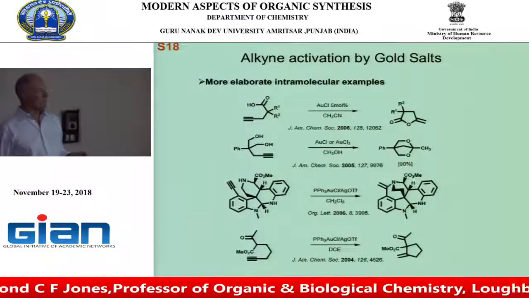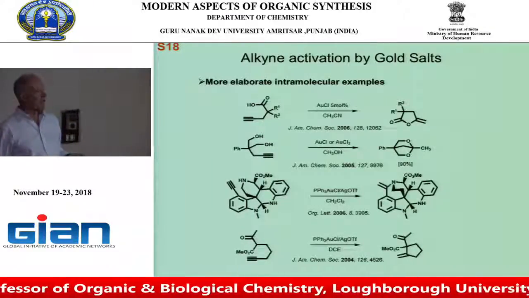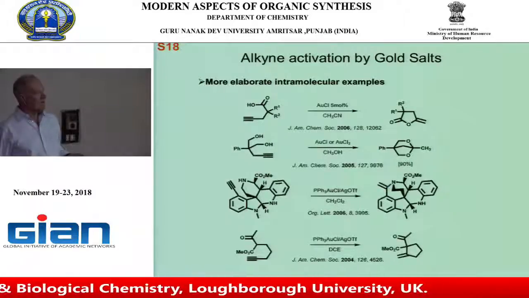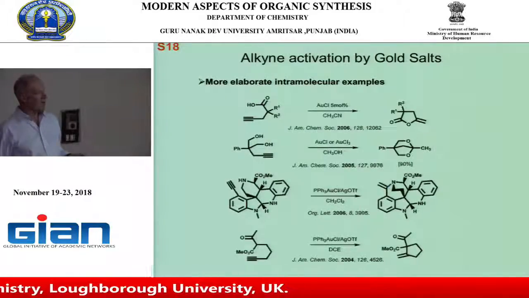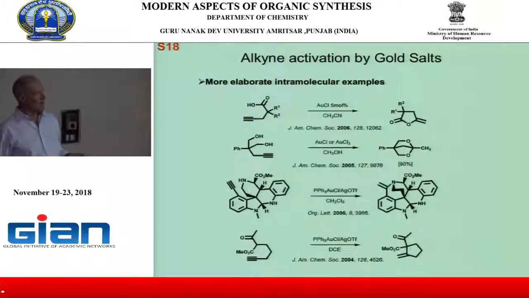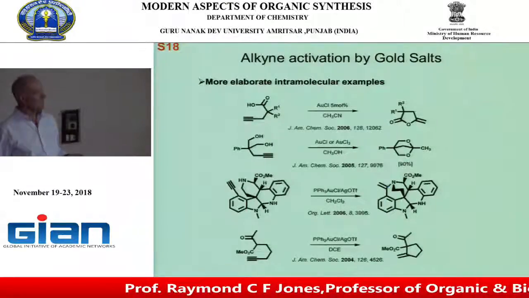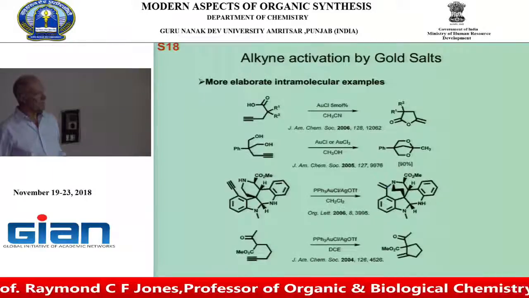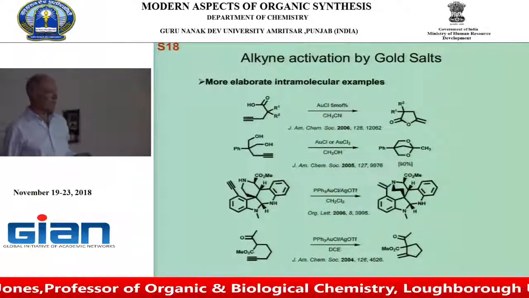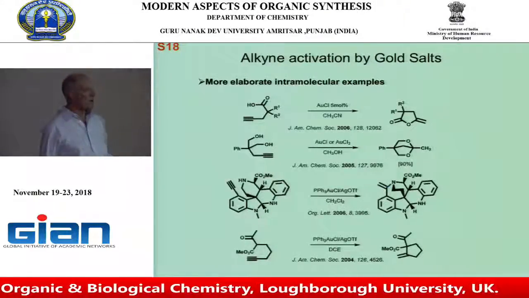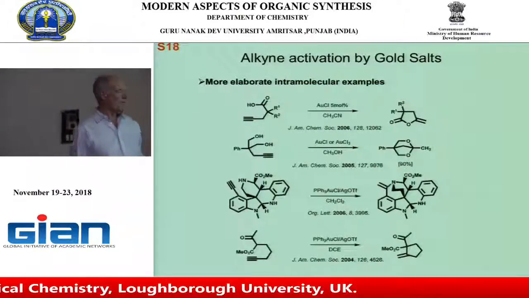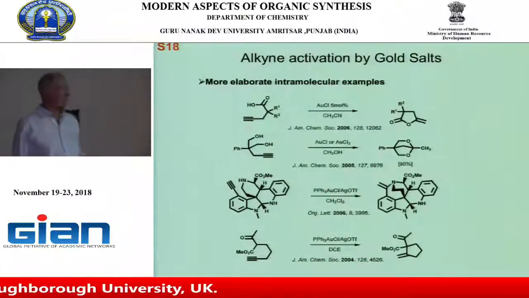This is a nitrogen nucleophile. So again, we're activating with a gold source, and that is allowing the nitrogen to interact here. And then the gold is being removed by protolysis, acid workup, as you might say.